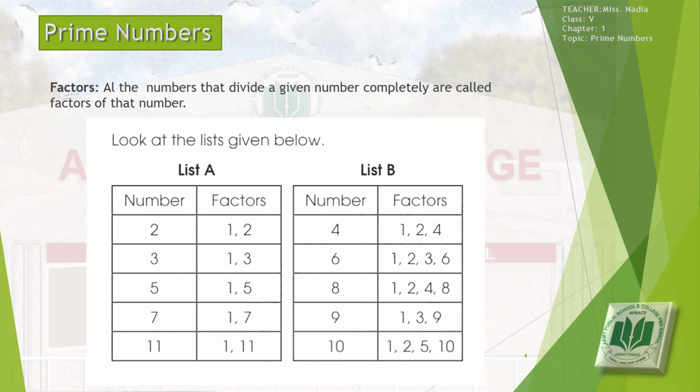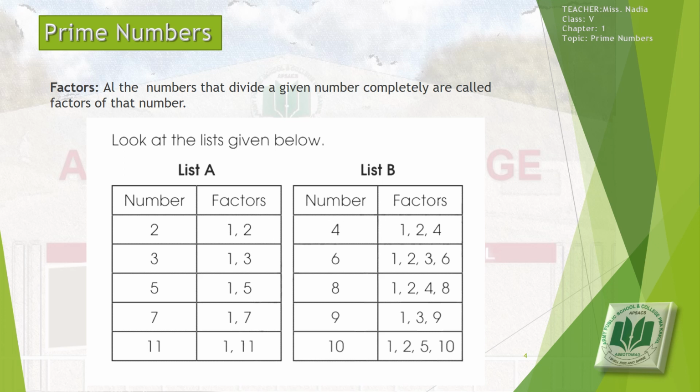Now check which numbers divide 4. 1 divides 4, 2 divides 4, and 4 itself divides 4. So the factors of 4 are 1, 2, and 4. It means all the numbers that divide a given number completely are called the factors of that number.